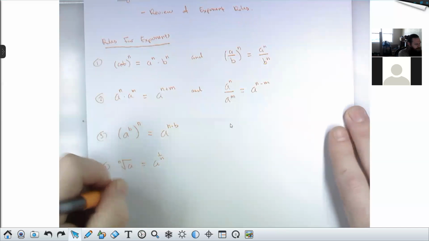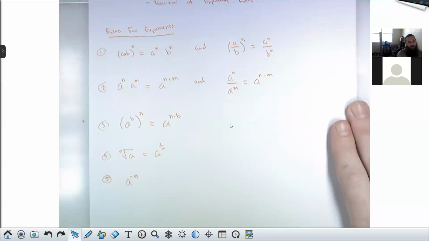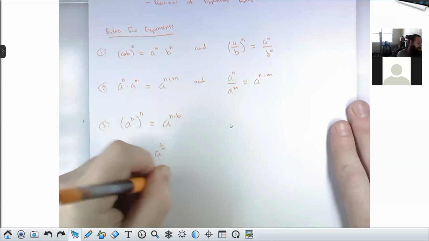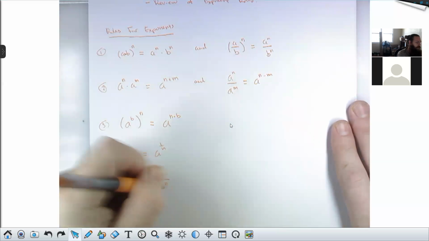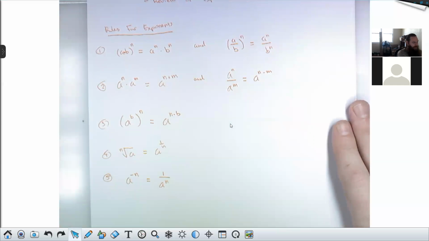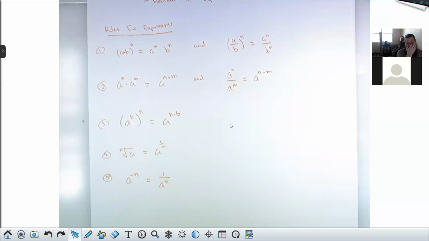If you have a raised to the negative n power, you have some number being raised to a negative power. This is the same as 1 over that same thing being raised to the positive nth power. And it's this particular thing that we'll be using quite a bit today. It's important for understanding how power functions with negative powers work.